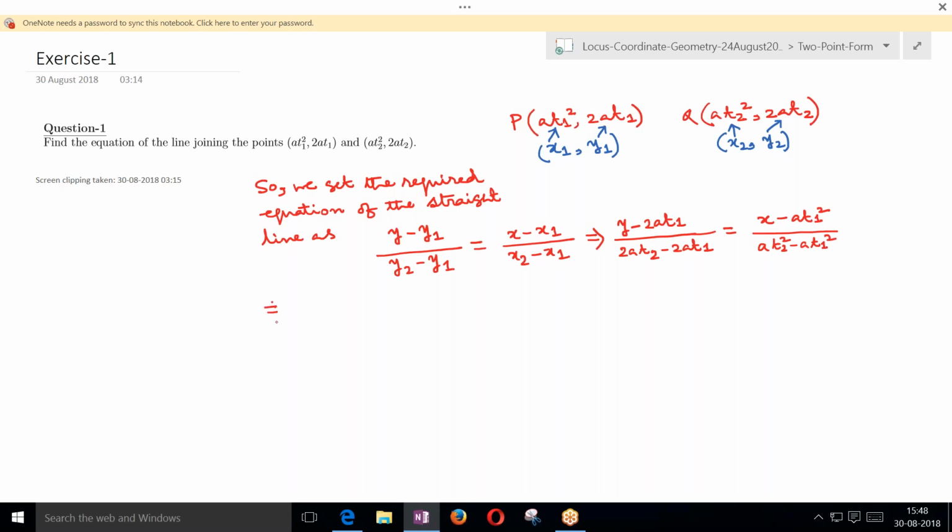So from there, what can we write? y minus 2at1 divided by, if we take 2a common, then we get t2 minus t1, that is equal to x minus at1 square divided by, we take a common, then t2 square minus t1 square.